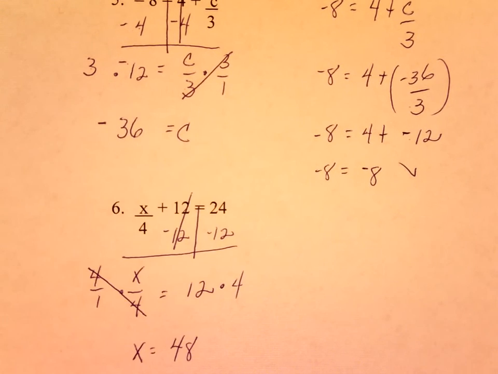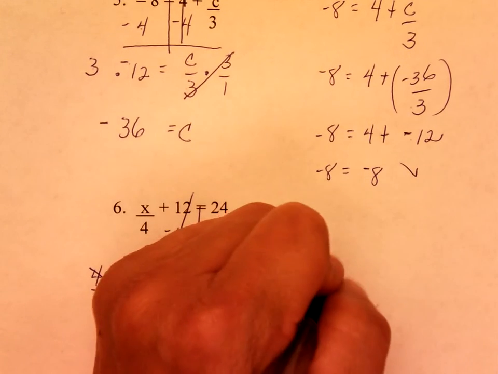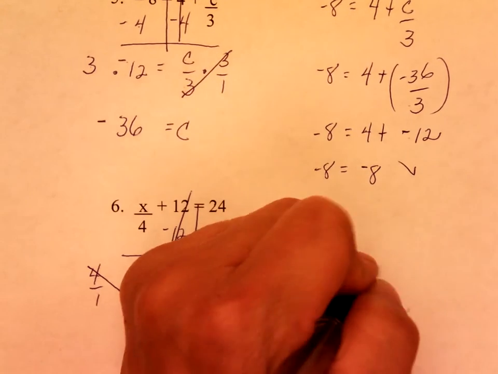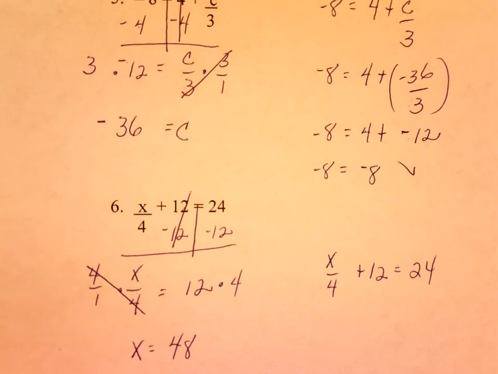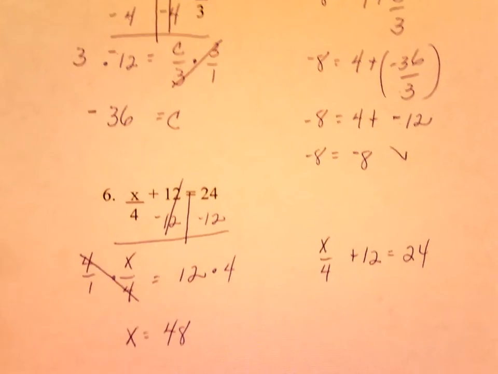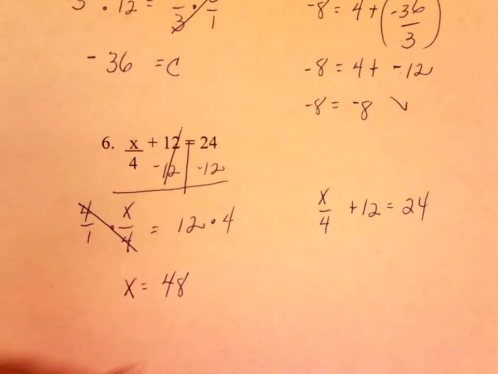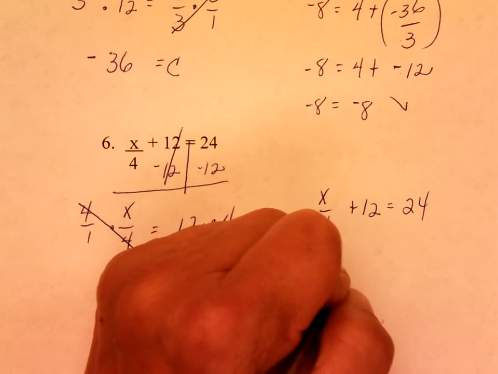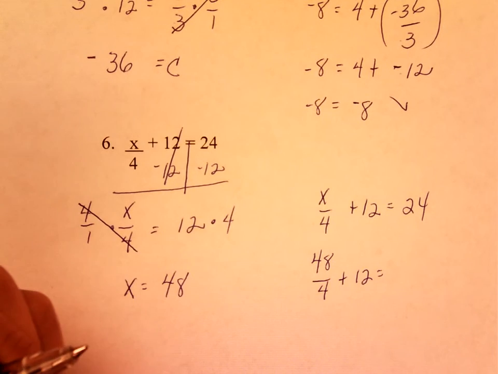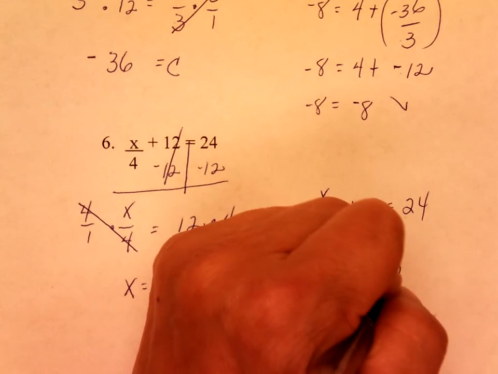All right, to do your check, you have x over 4 plus 12 is equal to 24. And then you replace your x with 48. So 48 divided by 4 plus 12 is equal to 24.